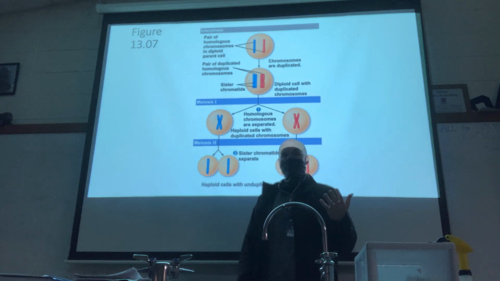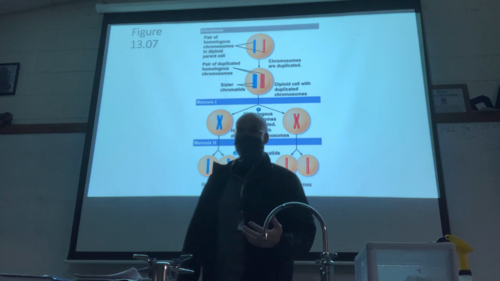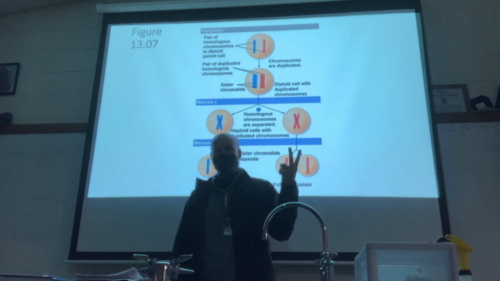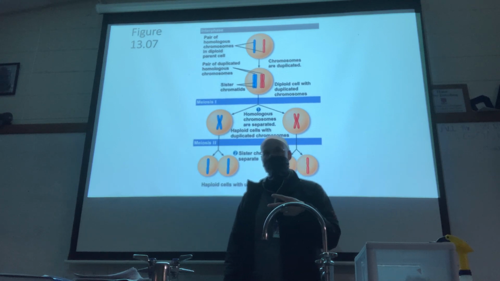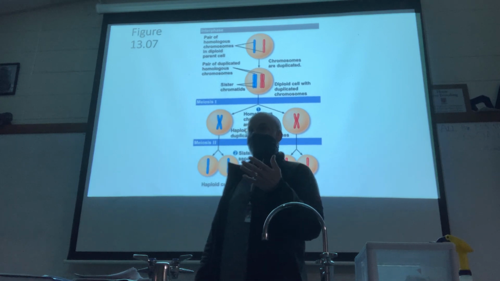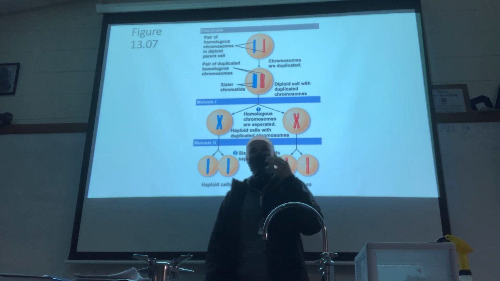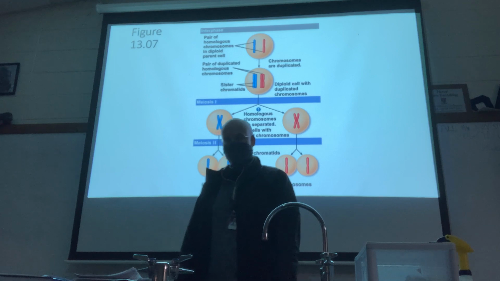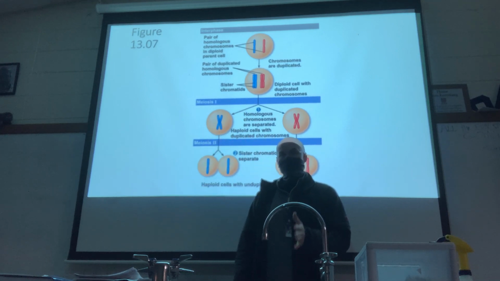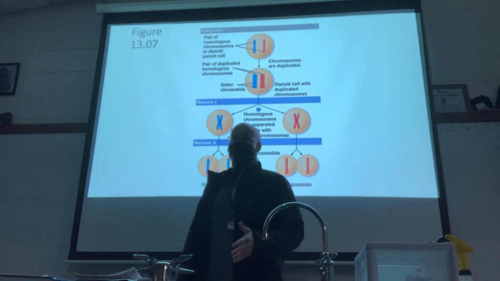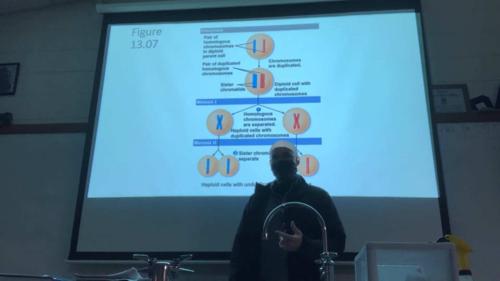Most of the cells of your body are what we call diploid cells. Diploid, di means 2 sets of chromosomes. 1 set from your mother, 1 set came from your father. And that means most of the cells of your body have 46 chromosomes, if you have a normal human number of chromosomes. Now, when you make sperm cells or egg cells, depending on what set of gonads you have, you are going to make haploid cells.